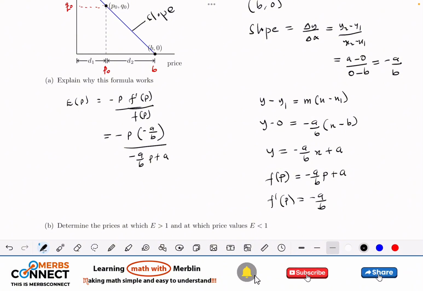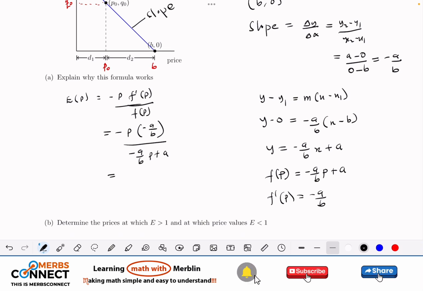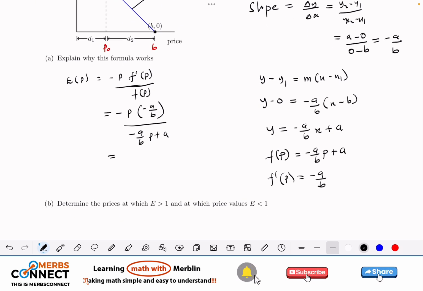Now what can we do down here? We can do a lot of things here. We can say that the top is going to be p times a divided by b, divided by, so I'm using this divided by like this. The bottom can be written as, I can factor a out, right?